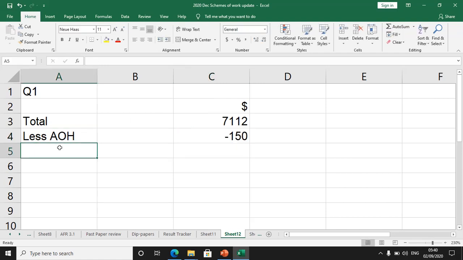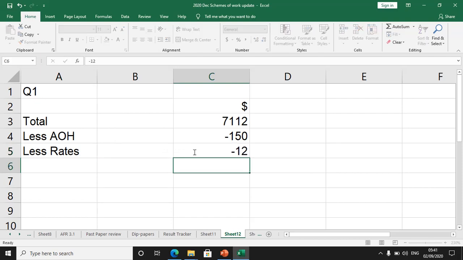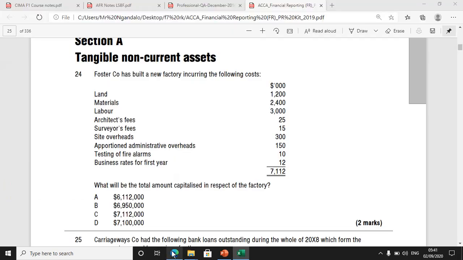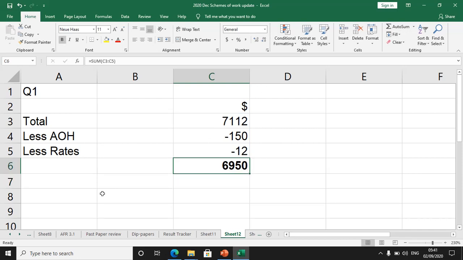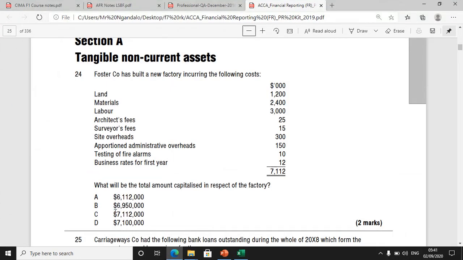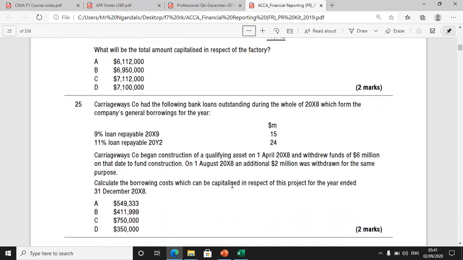Then we also less rates, I think I saw a 12. Okay, that's what we have there. So when we sum up all these amounts, we are getting that figure. Hope that you can see it as well. So of course our answer in this case is B. Okay, let us progress to the next question.